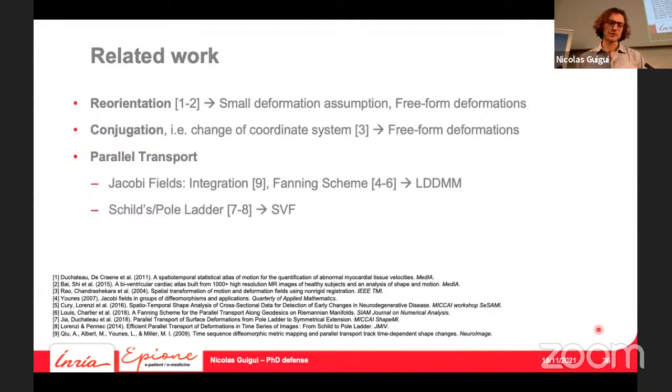Then parallel transport was proposed to normalize deformations. It was first computed with Jacobi fields by integration or by the fanning scheme, in both cases within the LDDMM framework. And ladder methods were proposed also to normalize deformations, and they were computed in the stationary velocity field framework.